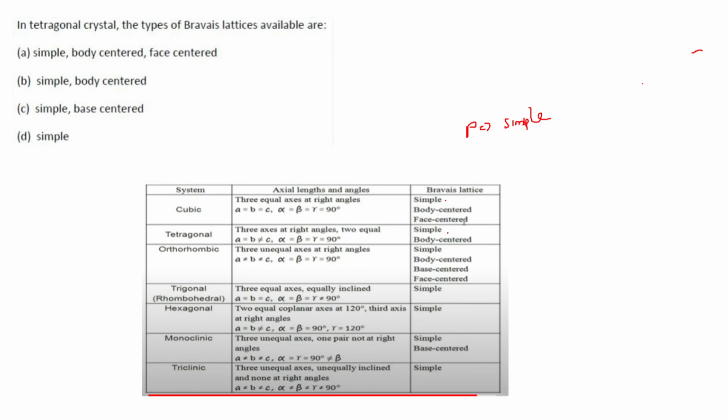Similarly, the tetragonal system will be simple and body centered. Face centered means the atoms shared in the faces, and body centered means the atom which is completely inside the unit cell. Simple means each atom is shared in every corner of the cube. So as we know, in the tetragonal system, it is simple and body centered.